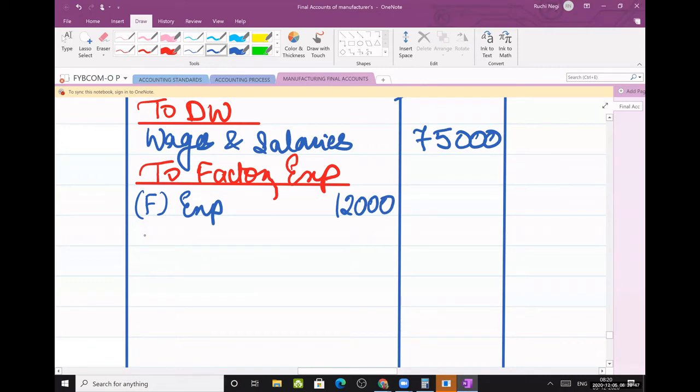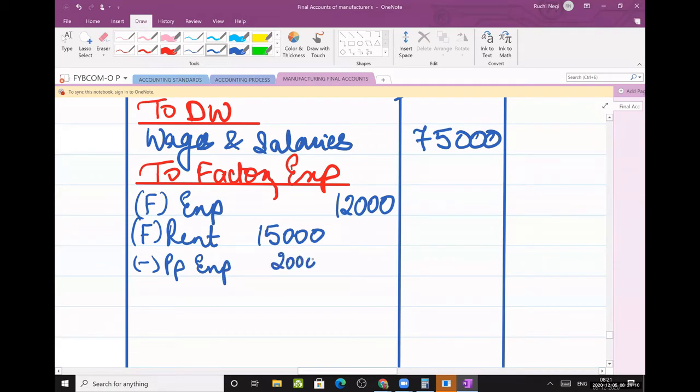We have factory expense 12,000, factory rent 15,000, to which we have a prepaid expense, the adjustment, so subtract that, that's 2,000.